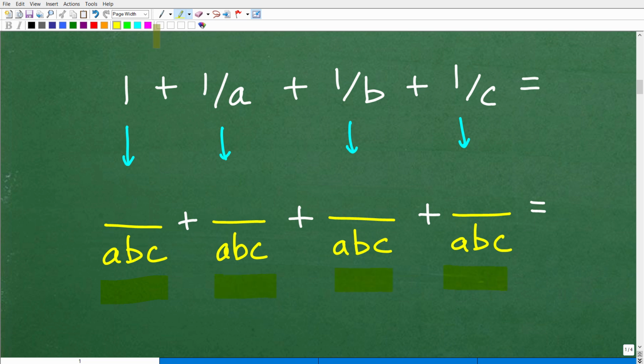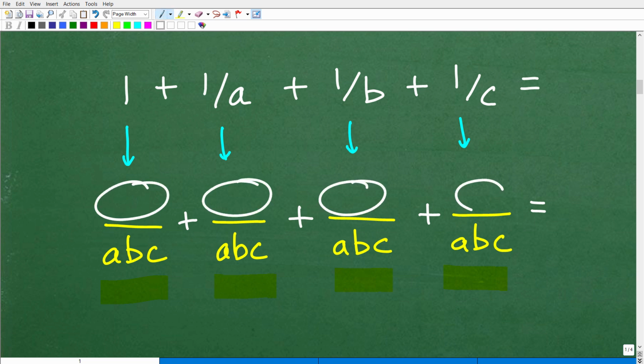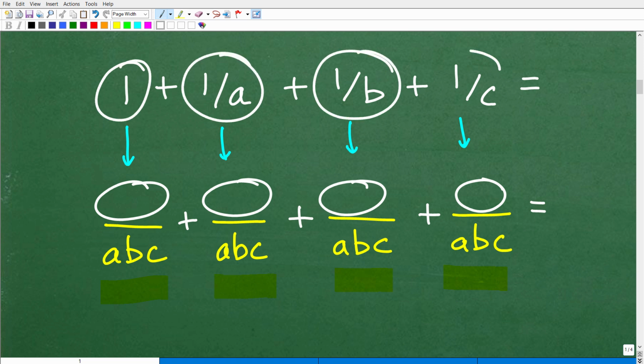Then each of them will have the exact same denominator, and we can add these things up.